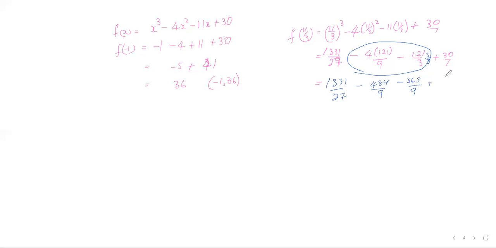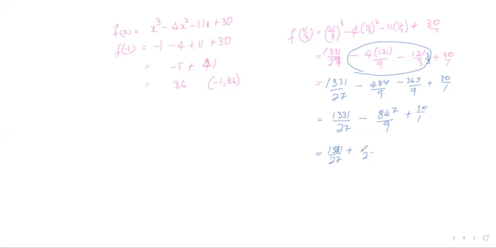Plus 30 over 1. This is 1,331 over 27 minus 484 and 363, which is 847, divided by 9, plus 30 over 1. I'm going to write 30 over 1 over 27.